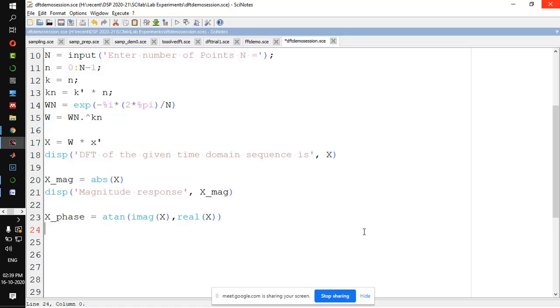Fine. We shall have a display saying phase response, comma, and that value, capital X underscore phase. So try to run it.